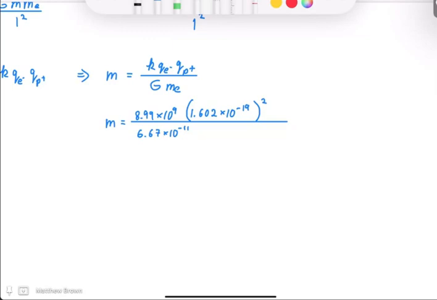And the mass, I should be very clear about that, the mass of an electron is 9.11 times 10 to the negative 31, if you're writing this in kilograms. And the calculator says it is 3.7, I'll just do it as 3.8 times 10 to the 12 kilograms.